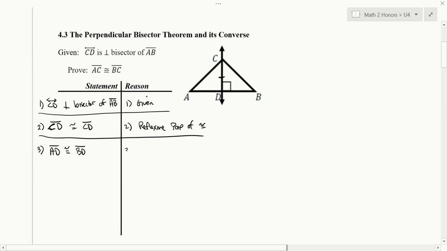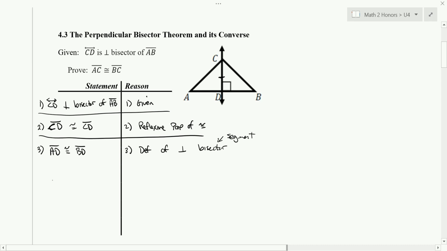And why? It comes from the definition of a perpendicular bisector. Whenever you hear bisector, you always got to think, is it an angle bisector or a segment bisector? A perpendicular bisector is a segment bisector, not an angle bisector. Okay.